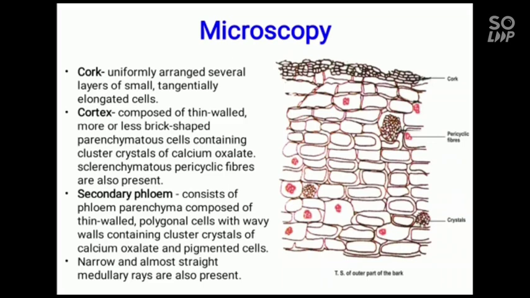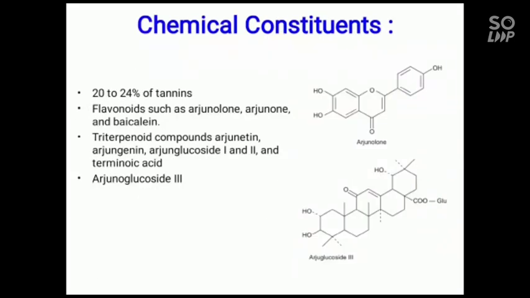Narrow and almost straight medullary rays are also present. Then the chemical constituents. It contains 20 to 24% of tannins, flavonoids such as arjunone and baicalin, triterpenoid compounds arjunic acid, arjungenin, arjunglucoside 1 and 2, and terminic acid.